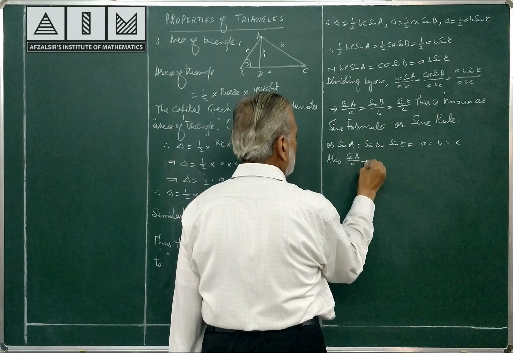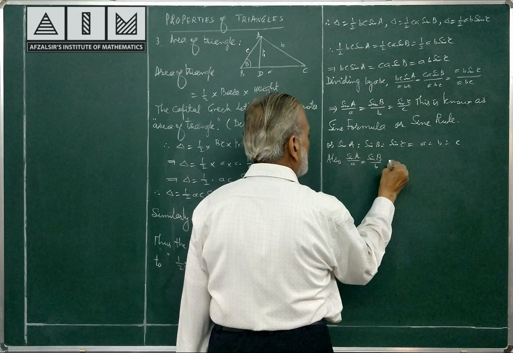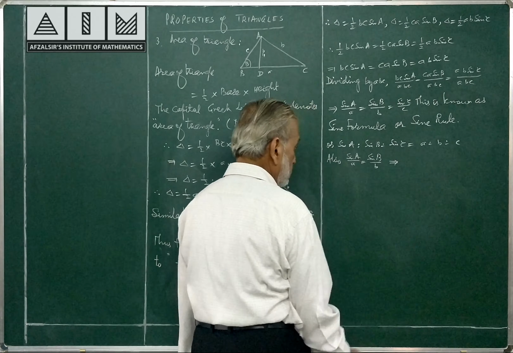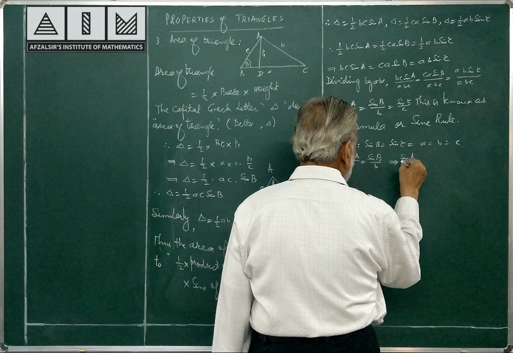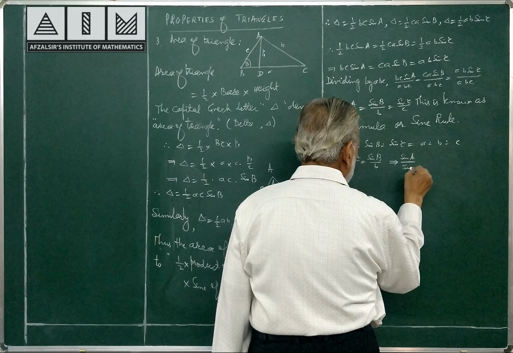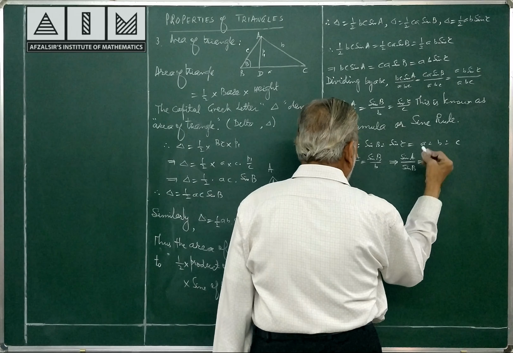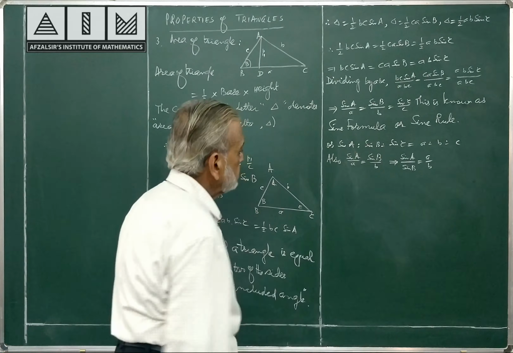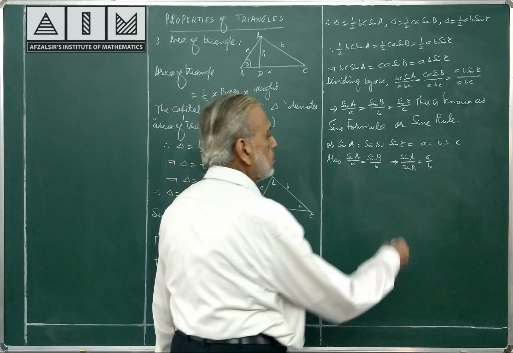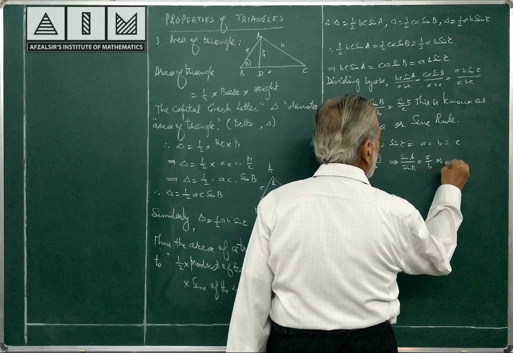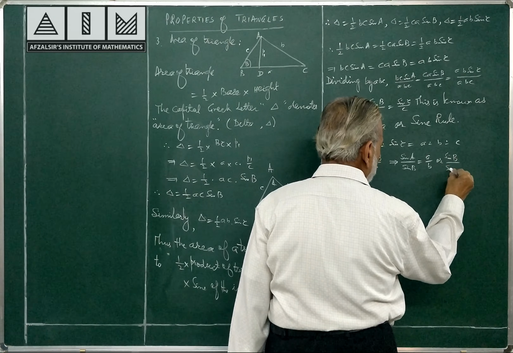Sin A by A is equal to sin B by B. This may be rewritten, please watch. Sin A by sin B is equal to A by B, or sin B by sin C is equal to B by C.